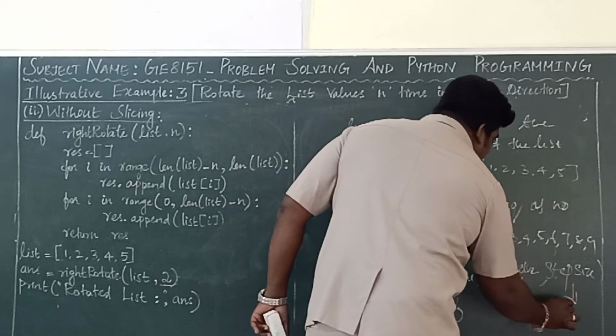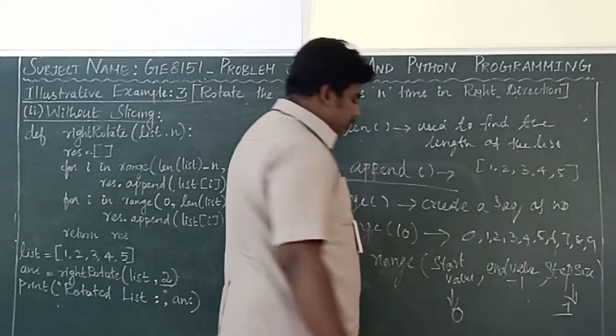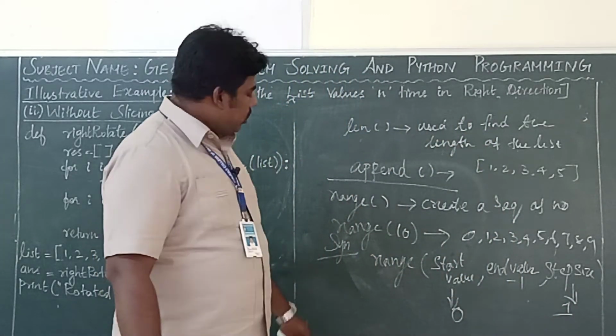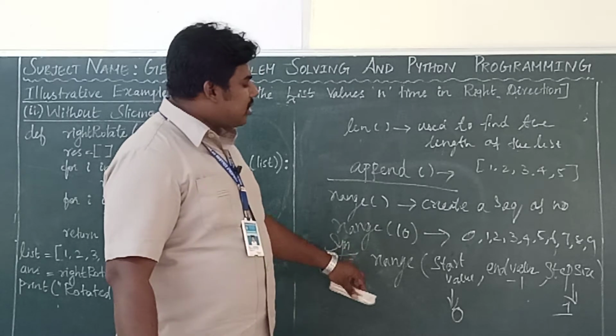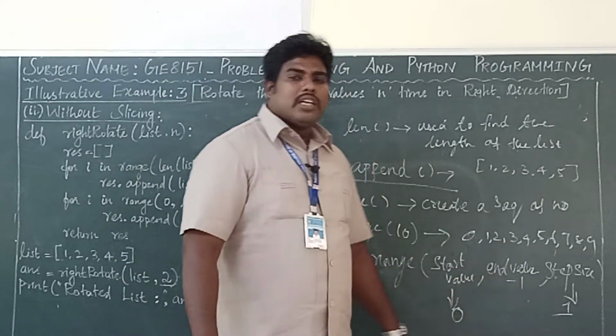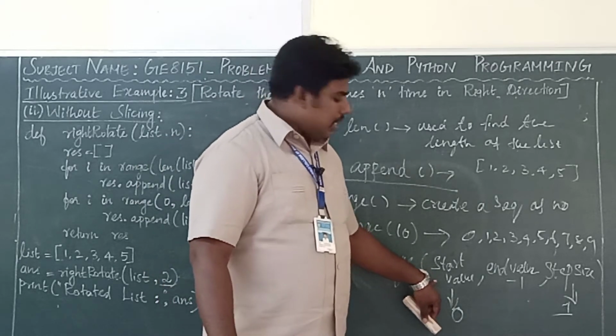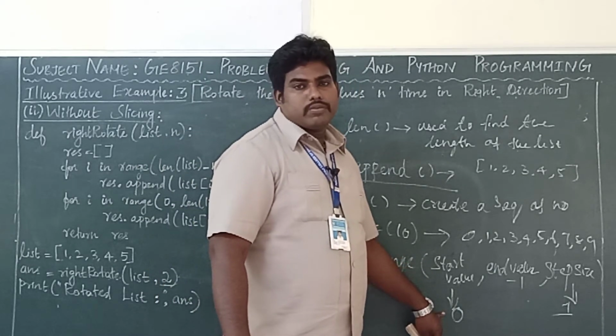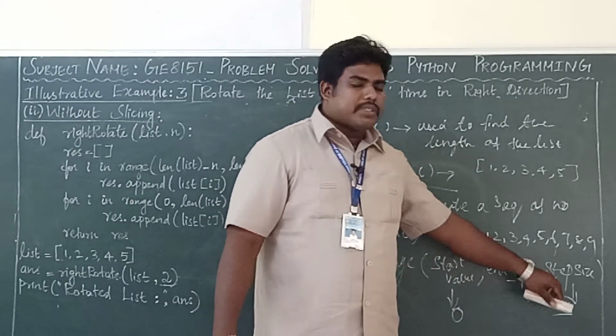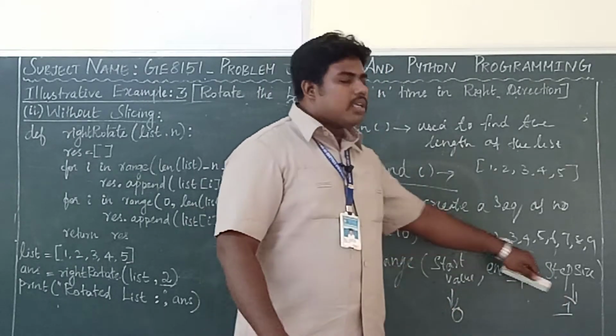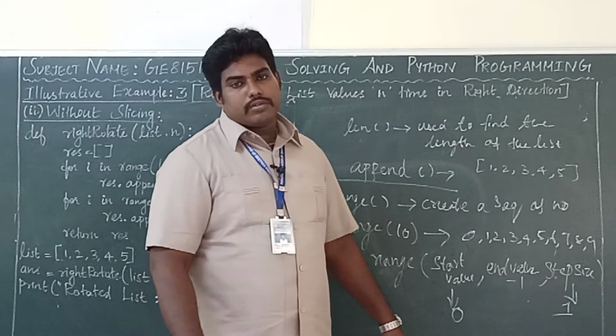Why end value minus 1? Because it starts with 0. The step size default value is 1. All of you got it? If you don't give the start value, it will start from 0. If you don't give the step size, it will create the numbers with a step size of 1.